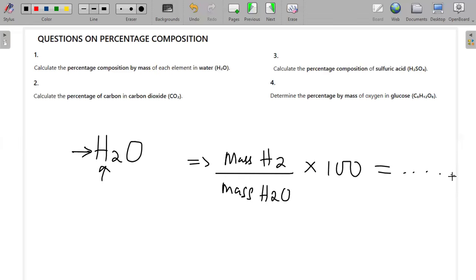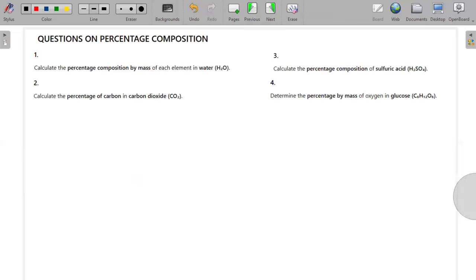You have to know the percentage composition when it comes to questions that involve combustion analysis. No wonder I've put it here so that we can talk about it, and later on you're going to see how we use it. From here, we're going to draw some facts that we'll be using in later questions.